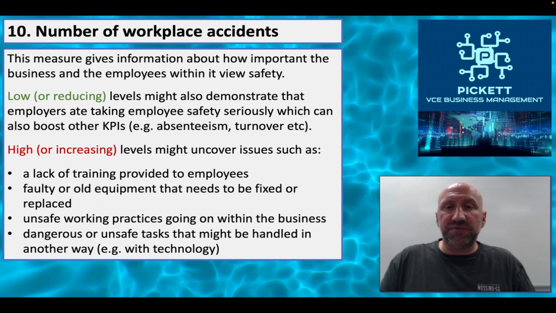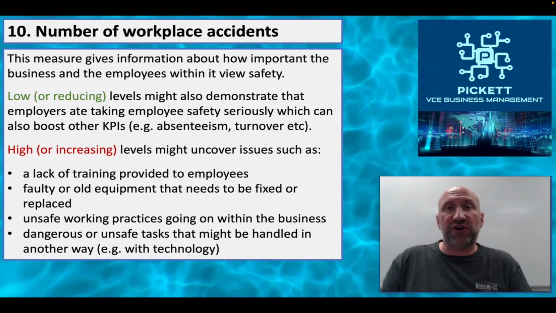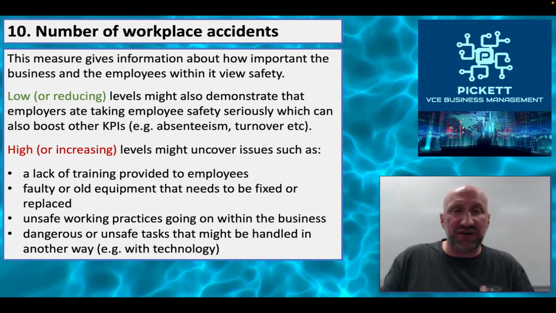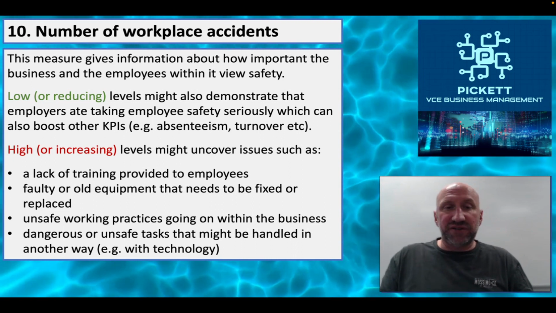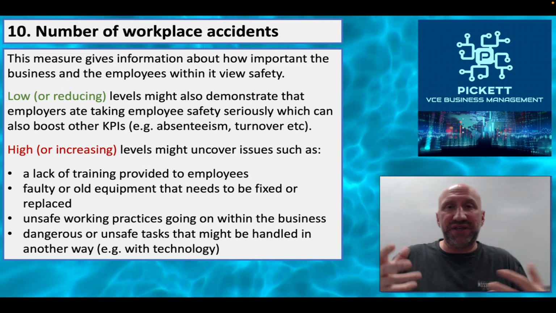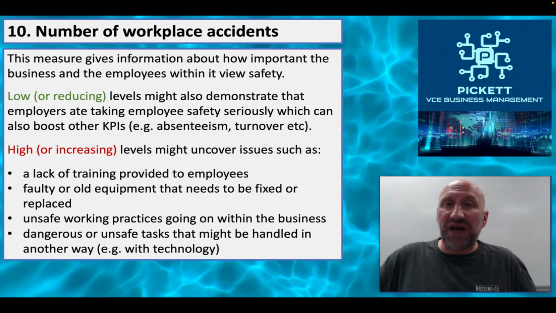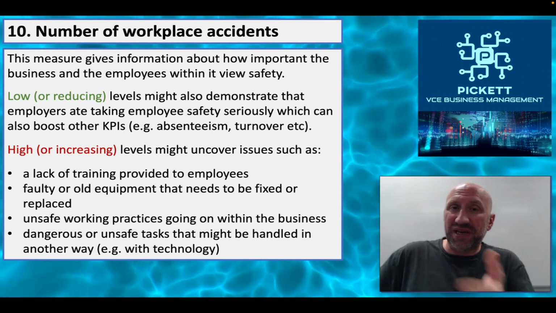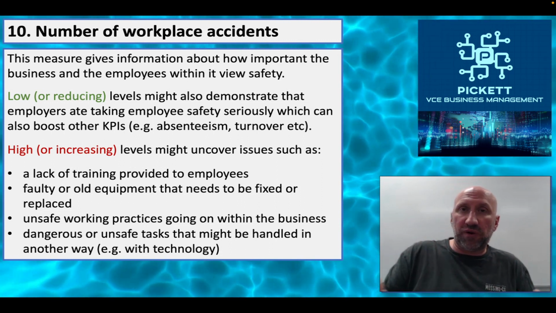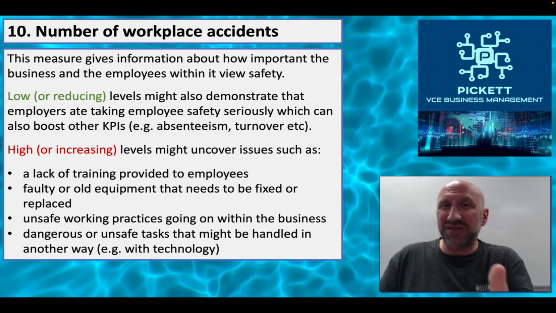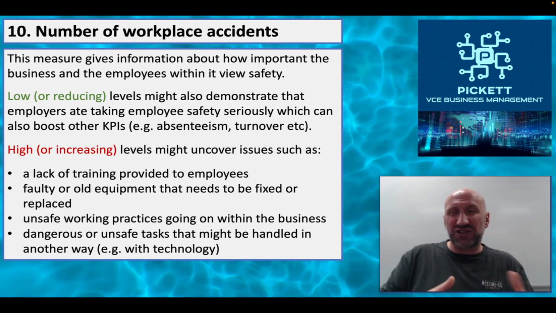High or increasing levels might uncover issues such as a lack of training provided to employees around this stuff. It might uncover some faulty or old equipment that needs to be either fixed or replaced. It might uncover some unsafe working practices that have kind of gone on for a while, and sometimes people accept these as the norm. This is just how we do it, but it's actually unsafe.